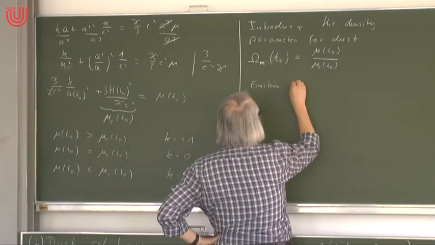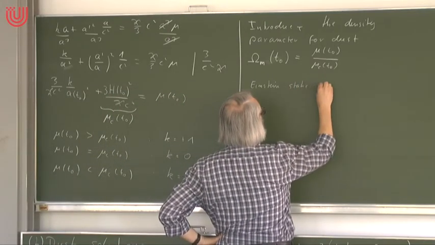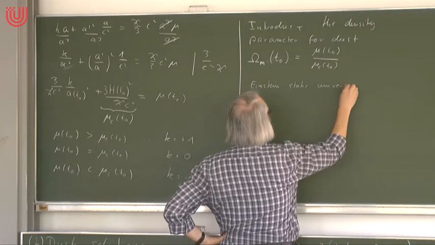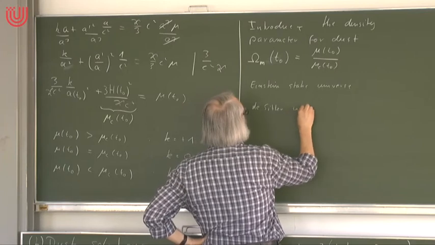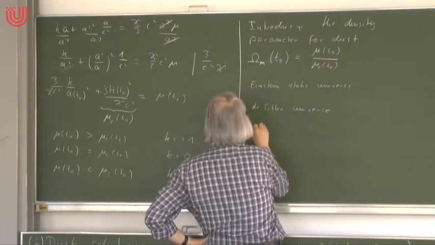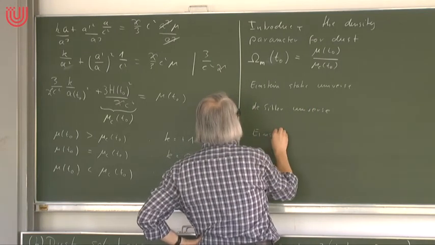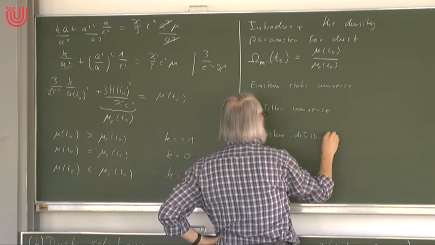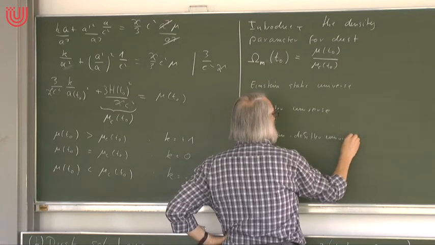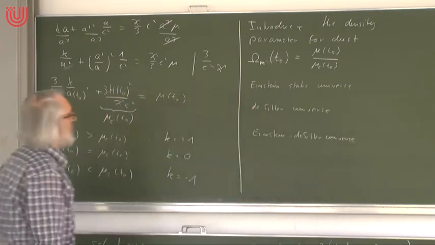So Einstein's static universe. We had the de Sitter universe. And we have the Einstein-de Sitter universe. These are the three things you should have heard about and you should remember from a course on cosmology.